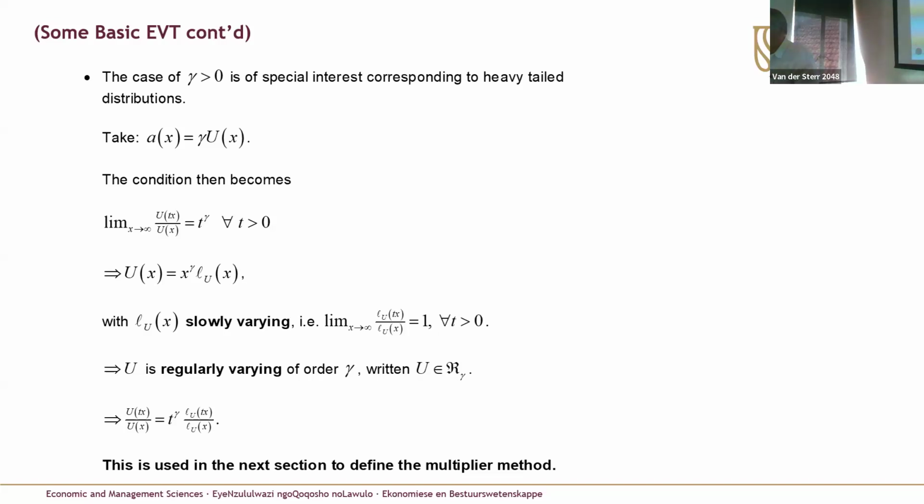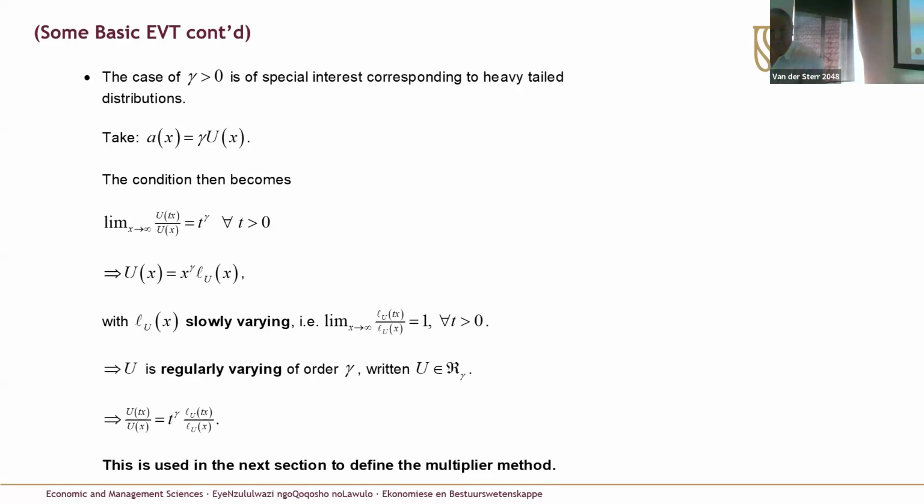Now, a function U of that form is regularly varying. And the class of regularly varying functions is very powerful. There are all kinds of very powerful results for that. So we can now say under this condition, we're in the class of regularly varying functions. Okay, so we can use all the theory and results from regularly varying functions.